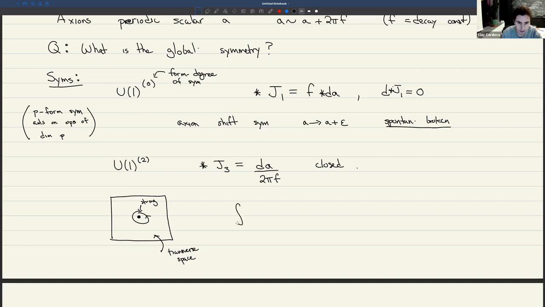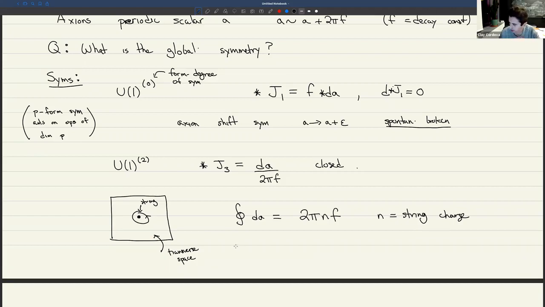And the statement that the strings are charged under this 2 form symmetry is the statement that the axion winds around. So here we get an equation like this, where n is the string charge. Okay, so we have this two-form symmetry where the axion winds, leading to these strings.